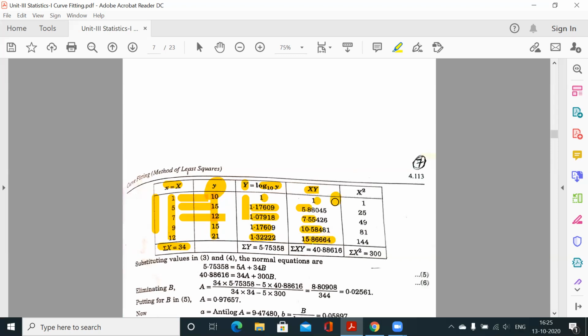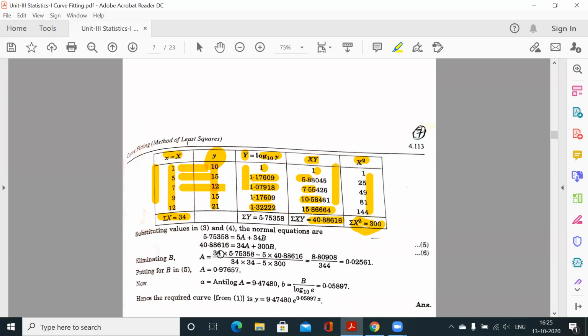So these are x dot Y. This is the summation. Next, x square. So 1 square, 5 square, 7 square, 9 square, 12 square. This is summation x square. Yeah. So now what is left? Only substitution.